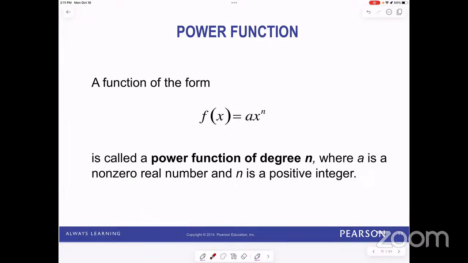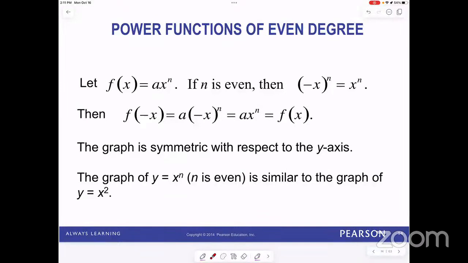If we consider a power function and let the power be even, then if we replace x with negative x, negative x to an even power gives us positive x to that even power. It's like negative 1 quantity squared becomes positive 1.